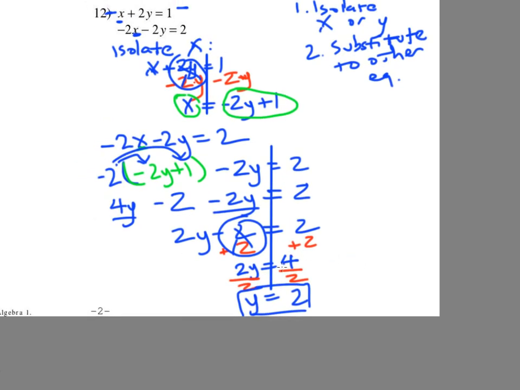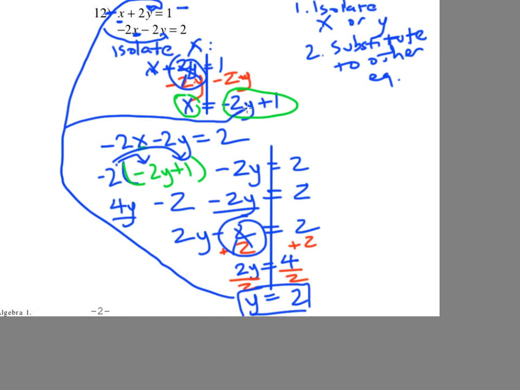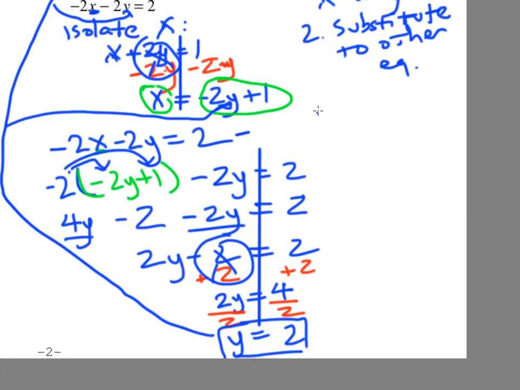I can take this guy and I can plug him into here, y, or I could plug him into here, y. Now that's probably the easiest. Let's use this one. So we're going to solve for x. So I'm going to use this equation right here. x equals negative 2 times y. What is our y though?